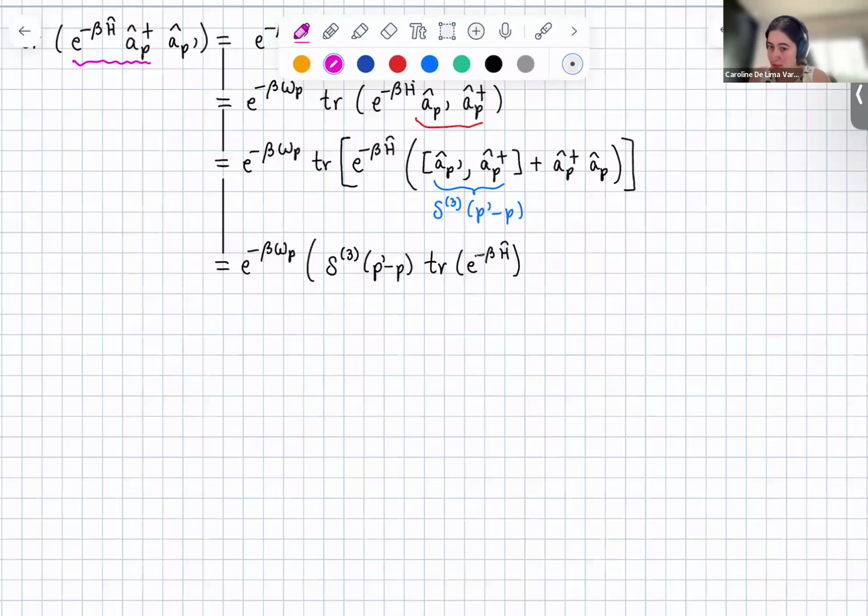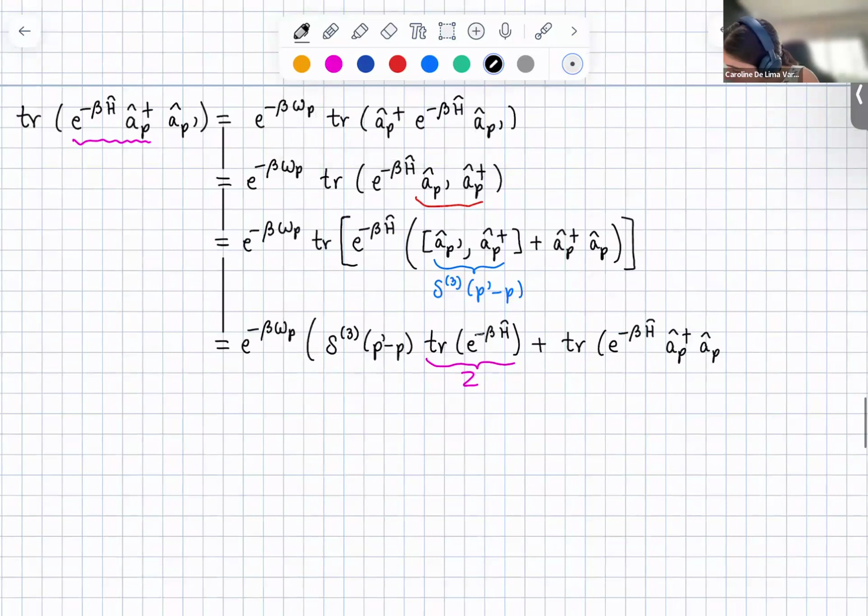That is going to be Z, that's the partition function. And then on top of that, you have plus the trace of e to the minus beta H times a_p dagger. Wait, I lost some prime here.